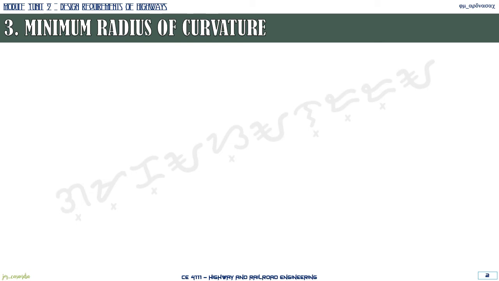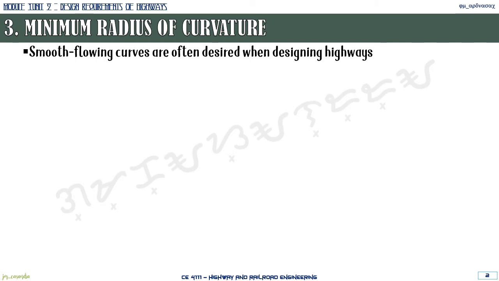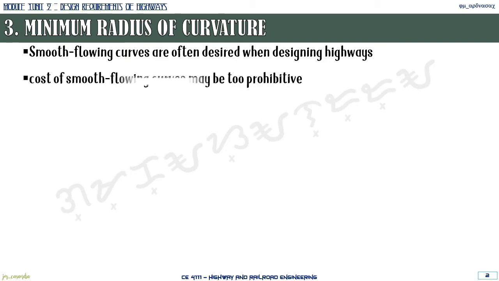So in designing highways, we do not only design straight highways, but basically this will be a combination of different curves and straight lines. So in the design of highways, smooth flowing curves would often be desired since this would give an easier maneuver to drivers or road users.